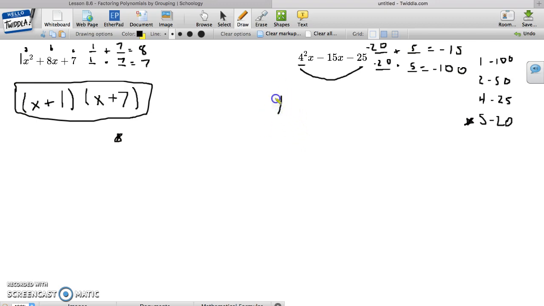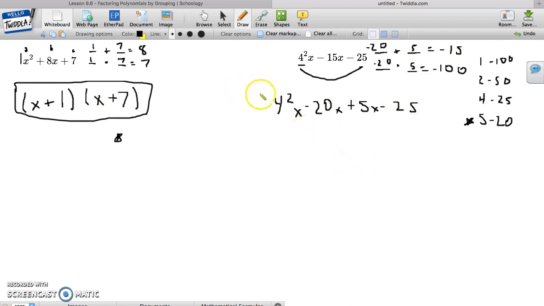So we have 4x squared, and then we can do minus 20x, because that's our new variable, plus 5x, and then minus 25.